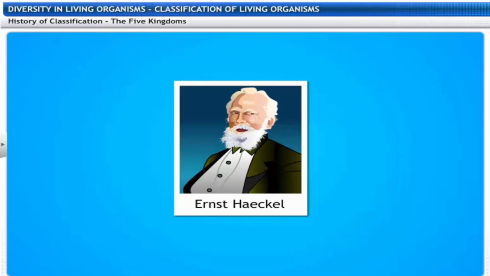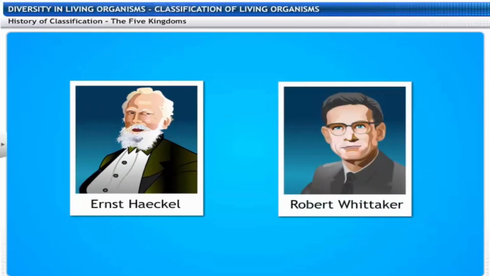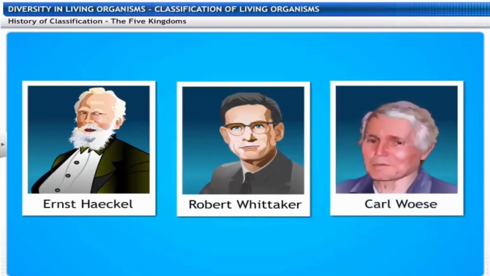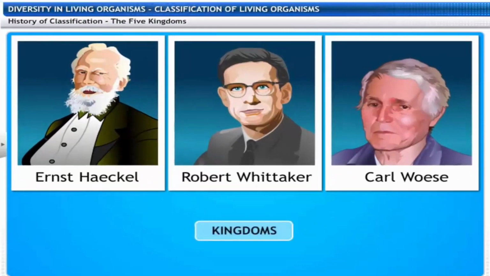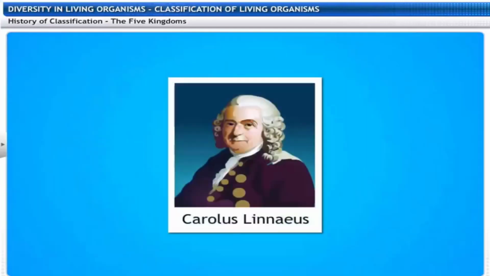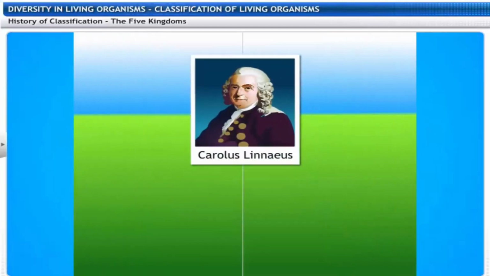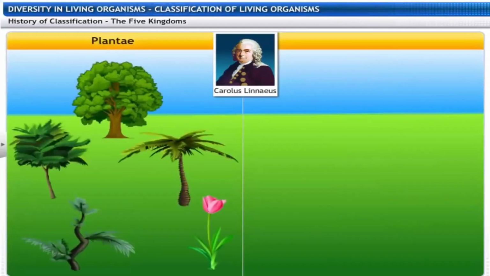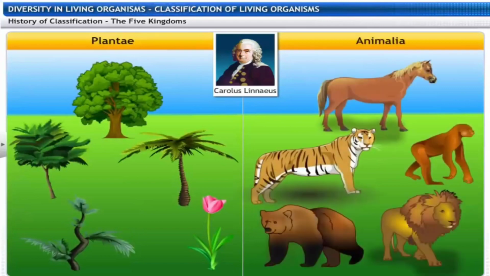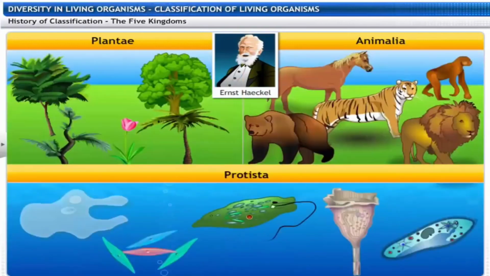Biologists such as Ernst Haeckel, Robert Whittaker, and Carl Woese have tried to classify living organisms into broad categories called kingdoms. Carolus Linnaeus classified all the living organisms as Plantae and Animalia. Ernst Haeckel proposed Protista to include eukaryotic unicellular organisms.